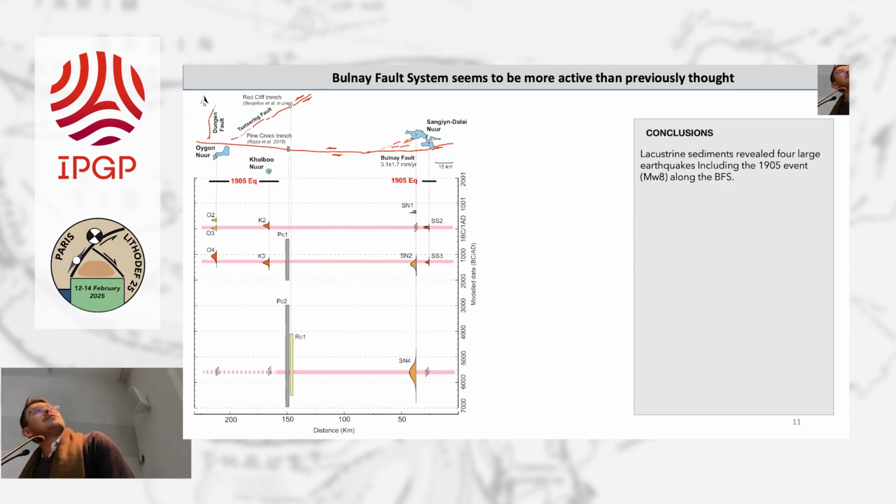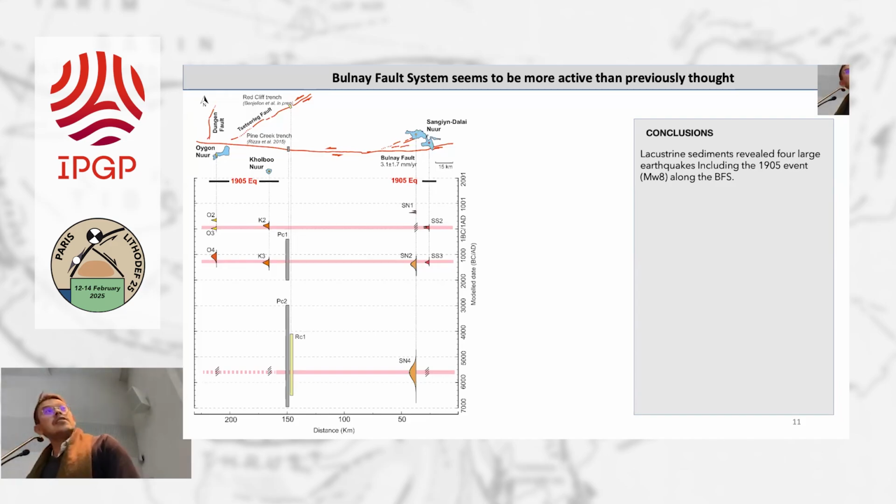I additionally represent with these vertical bars the time interval observed in the trench done by Magali in Bulnay, and the yellow bar represents the time interval for the paleo earthquake observed in Teshig Lake Fault. And as a first look, you can see that most of them are quite contemporaneous in time, which is what I want to highlight with the red horizontal bars.